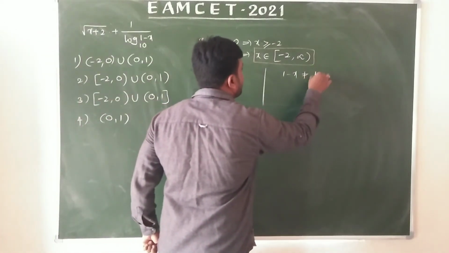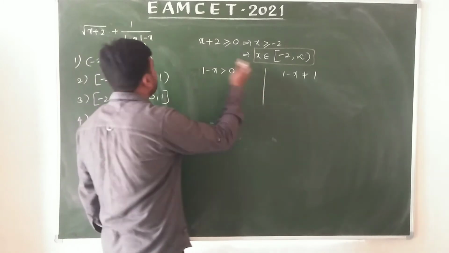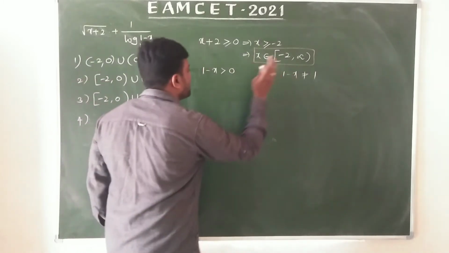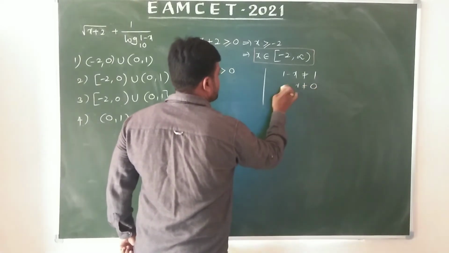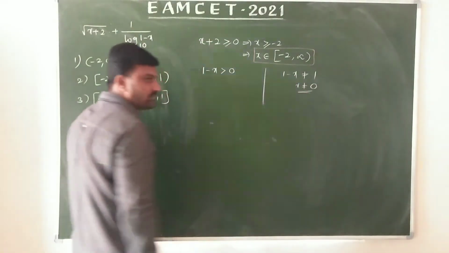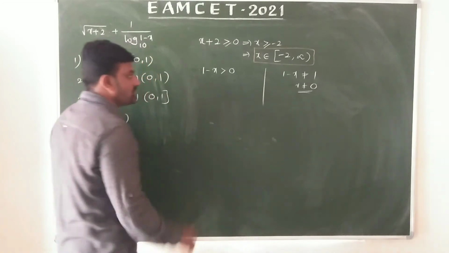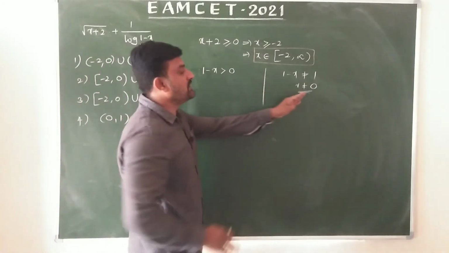So, taking not equal to 1 because the log should not be 0. So, it should not be 1. Okay. Then minus x not equal to 0 means x not equal 0, that is enough. Excluding 0. Our solution, with answer, excluding 0.